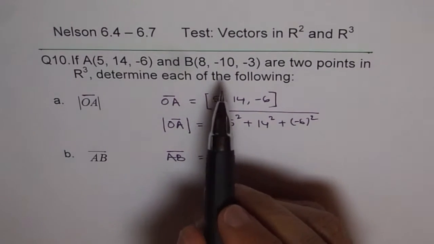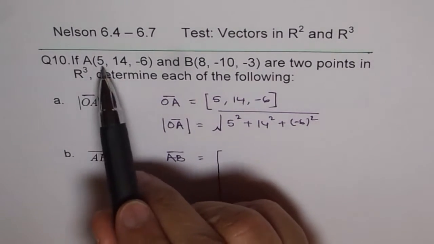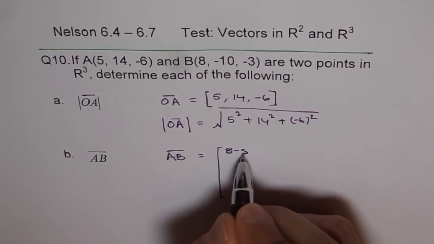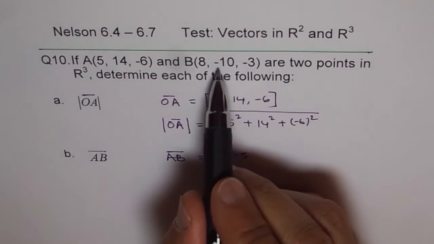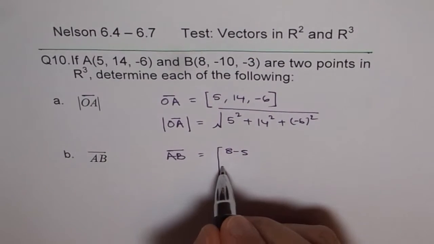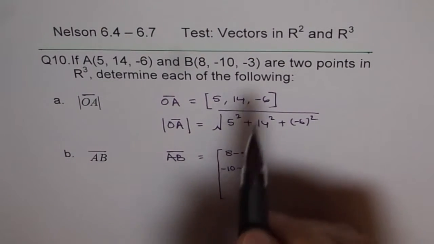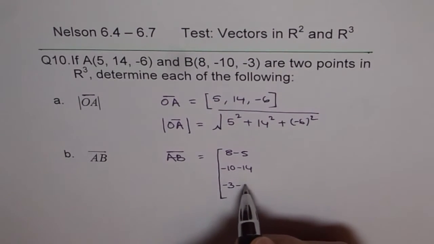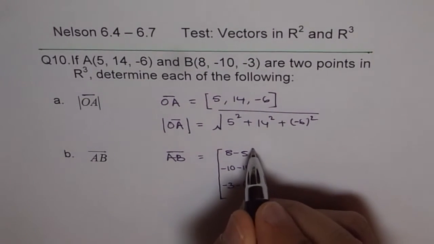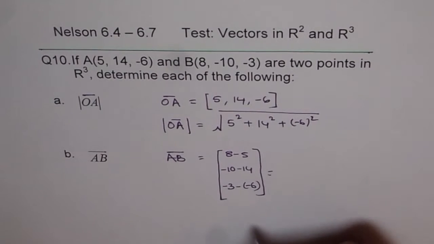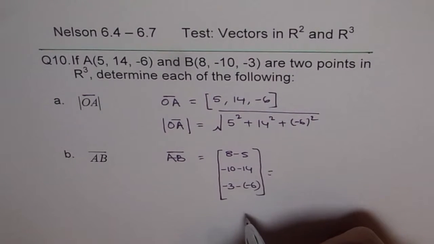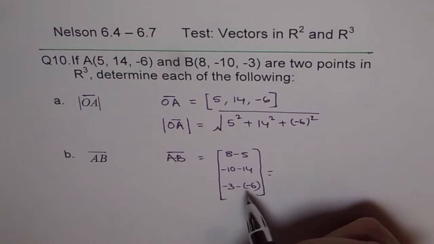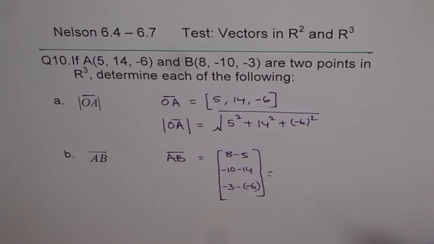So X values will be 8 minus 5, Y will be -10 minus 14, and Z will be -3 minus (-6). Correct? So that matrix gives you the vector in column matrix form, right? So that is how you can find the vector AB.